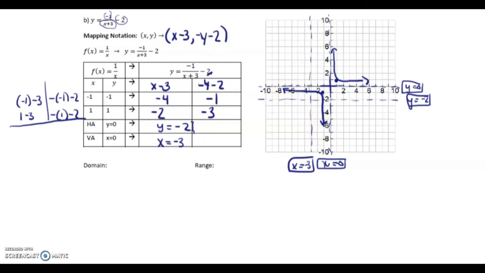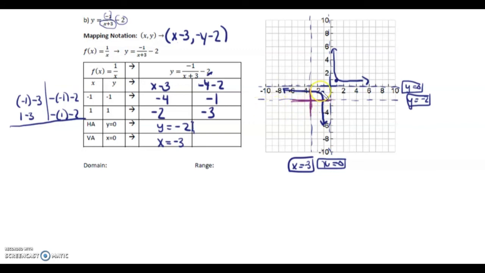Now, when we graph our transformed function, we have x equals -3 and y equals -2. So this is our new, quote unquote, quadrants. So what we're going to see here is that our graph is going to have to lay kitty corner. So either these two or these two.